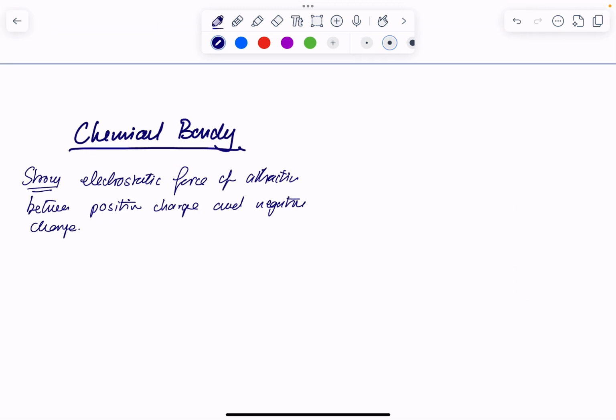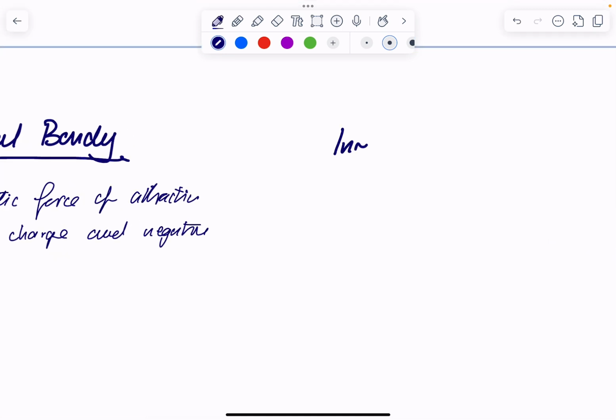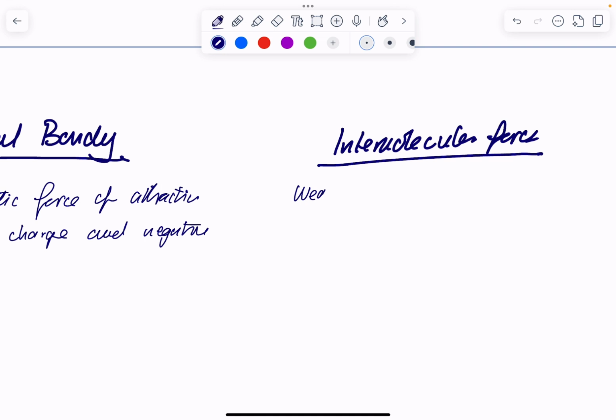That is different from intermolecular forces. Those are a weak force of attraction, and that is always between molecules.